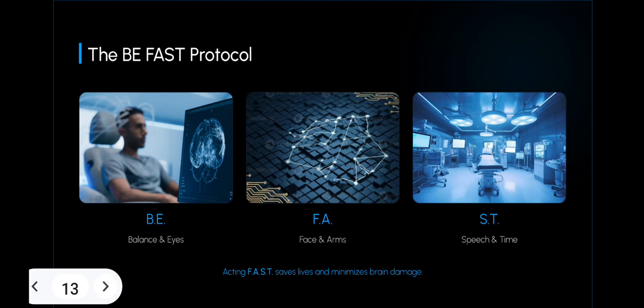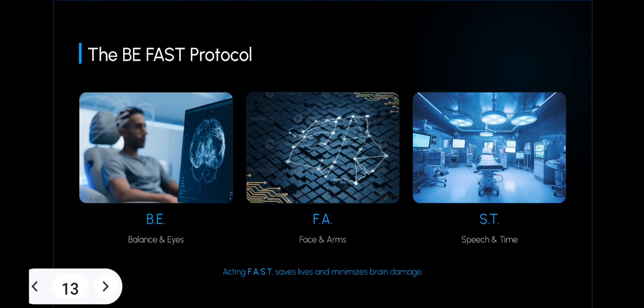The Be Fast protocol. B and E stand for balance and eyes. F and A, face and arm. S and T, speech and time. So the Be Fast protocol: acting fast saves lives and minimizes brain damage.